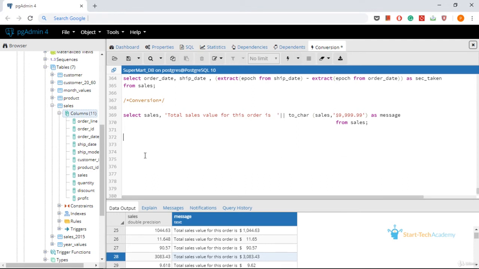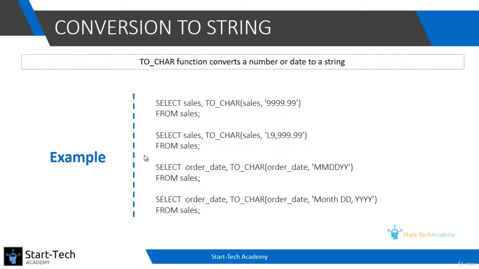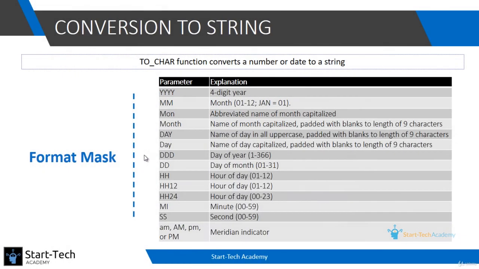Let us go and learn how to convert a date to a string. So when we are converting a date to a string, we'll have to specify the following parameters in the format mask. So date will be in the format of YY-MM-DD.